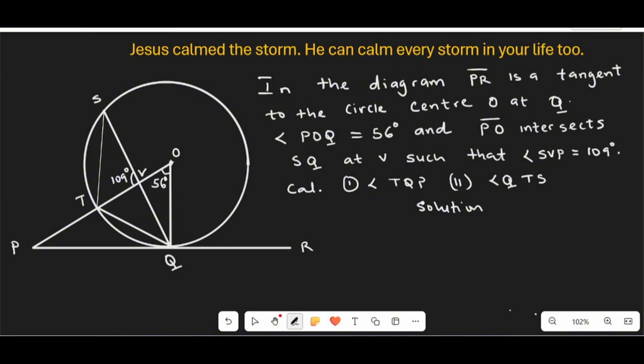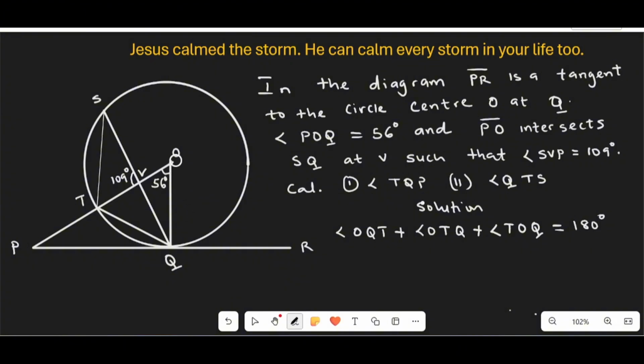So we can say angle OQT plus angle OTQ plus angle TOQ equal to 180 degrees, because the sum of interior angles in a triangle is equal to 180 degrees.